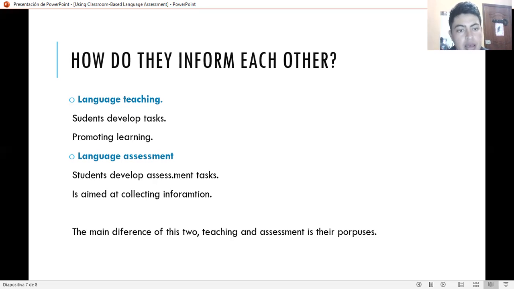Language teaching promotes learning, and language assessment is aimed at collecting information about what the learners already know. So the main difference between the two is just in their purposes.